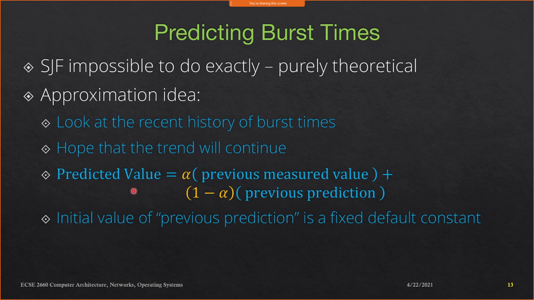Well, some of it is based on the previously measured burst time value, and some of it is based on the previously predicted burst time value. So we are using alpha as a parameter over here, which is a fixed constant.